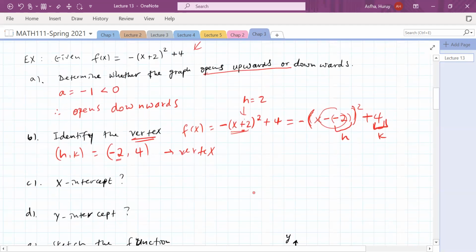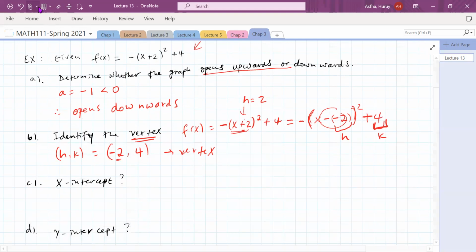And then the x-intercept. Basically we need to solve 0 equals this. We substitute f of x by 0, which means the y value, negative (x plus 2) squared plus 4.